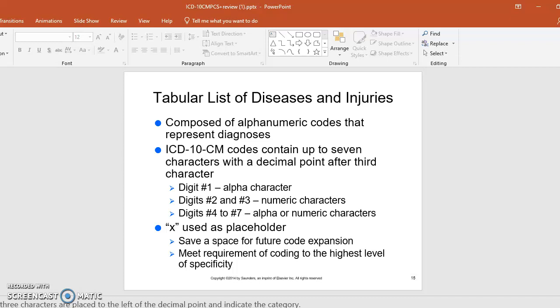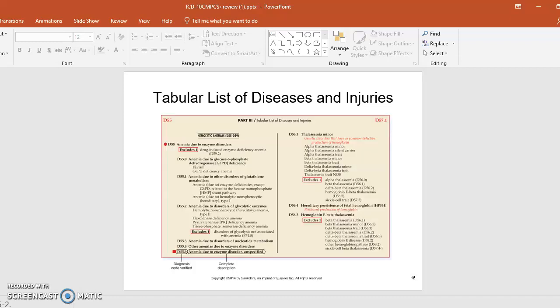Let's not forget our placeholders. Again, what happens is if a disease comes up with something as a side effect, or they find more specificity to that disease, they can add something and they have a placeholder for that code. You'll see these a lot in injury codes.